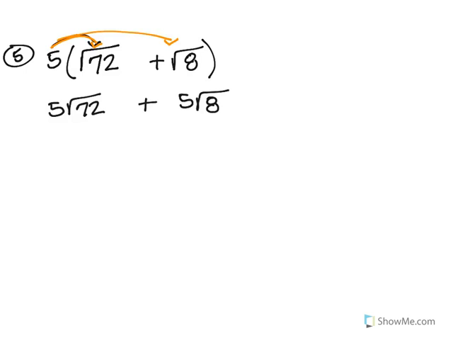Okay. Square root of 36 times 2. And then the second one is going to be what? 4 and 2.